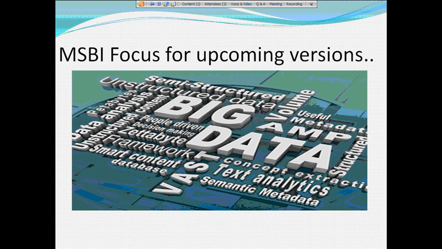Microsoft is doing a very detailed analysis to come up with these features in the upcoming versions. Some of the products which are already available in the market are Hive SQL, Hadoop connector, and the cloud. There are others also, but going into big data is out of scope for MSBI, at least at this point. So I would be keeping it for my next demo.